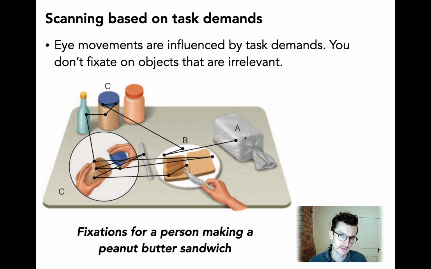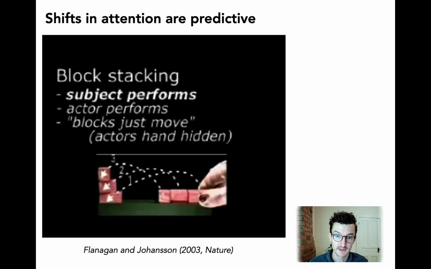And in fact, we know from some very cool eye tracking studies that during task performance, attentional shifts are actually predictive of upcoming movements. So this is a very cool study done by Randy Flanagan. He's a professor at Queen's University, and Roland Johansson, who is a professor, I believe, in Sweden.